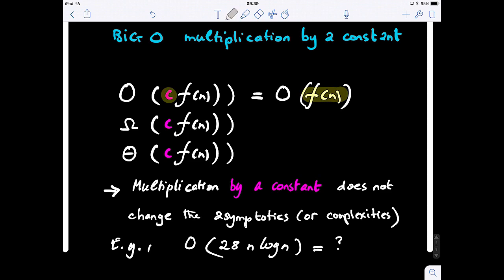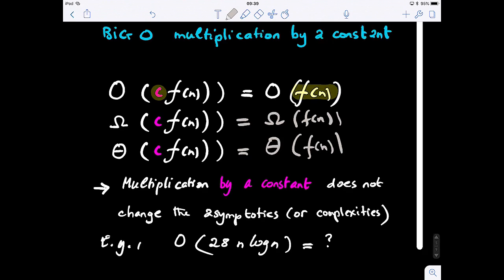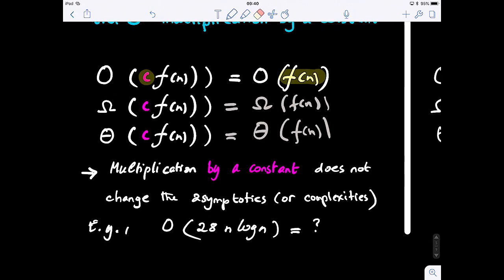So this is also quite simple. The constant does not affect either the best, worst, or average complexity. For example, order of 28 times n log n is still n log n, okay?